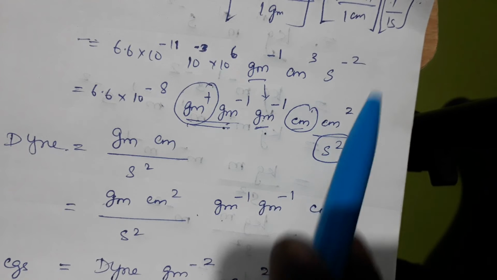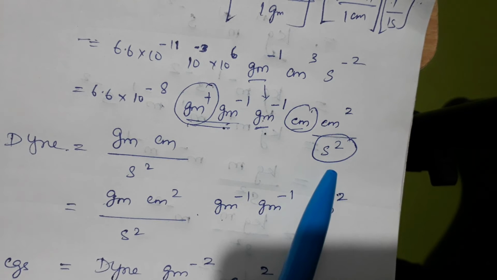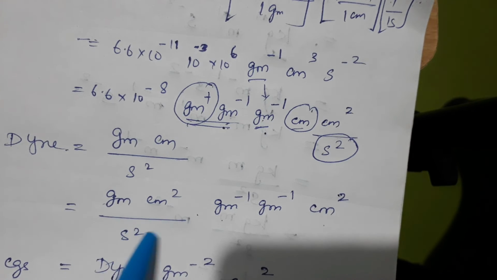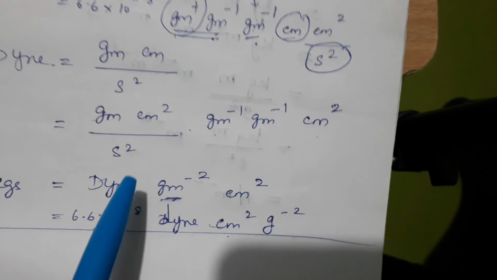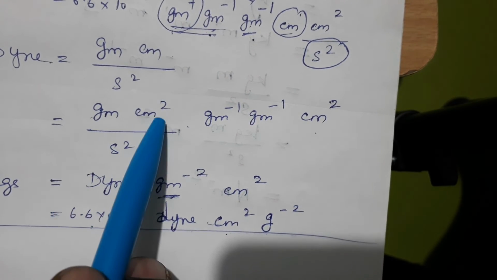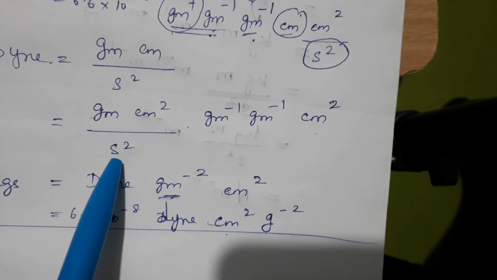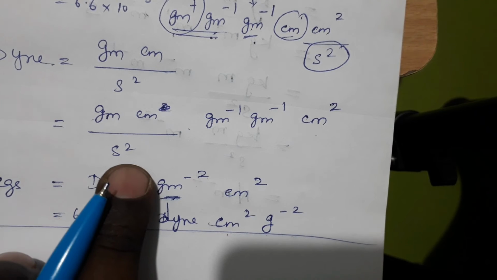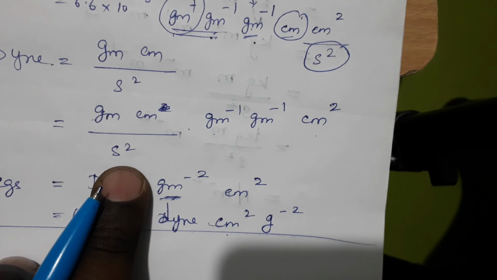S to the power minus 2 is brought down and written as s square. So now we have gram centimeter divided by s square, which is 1 dyne.